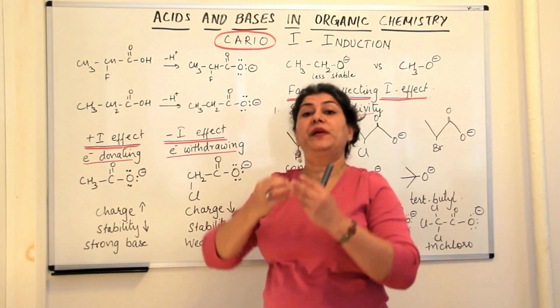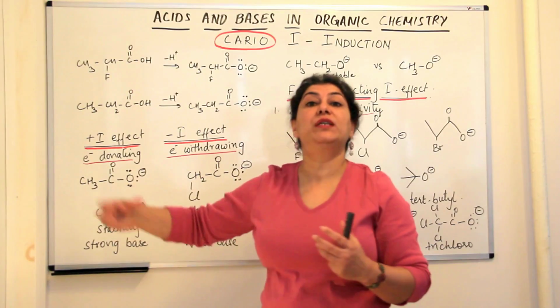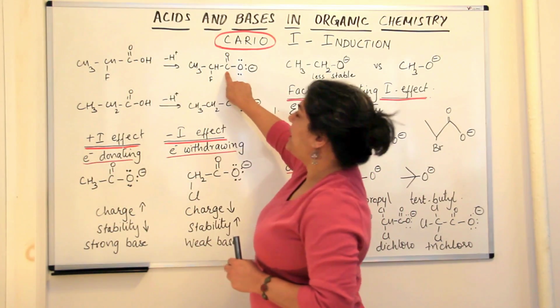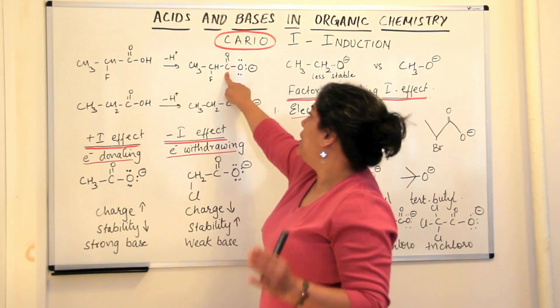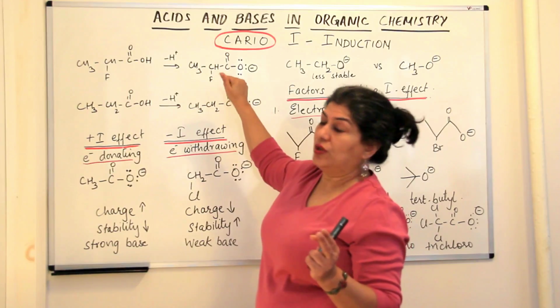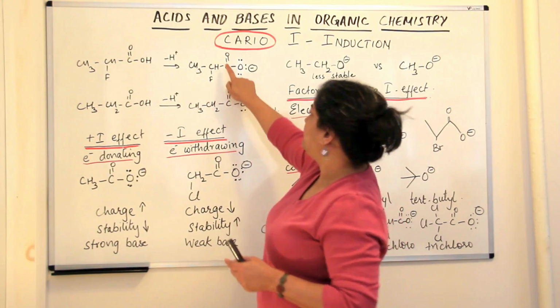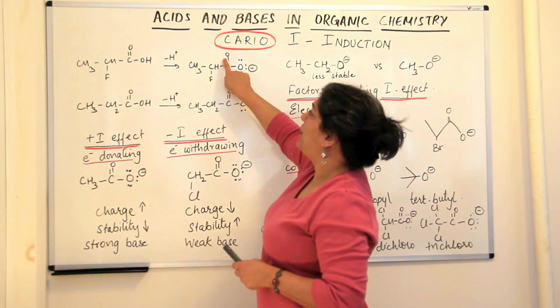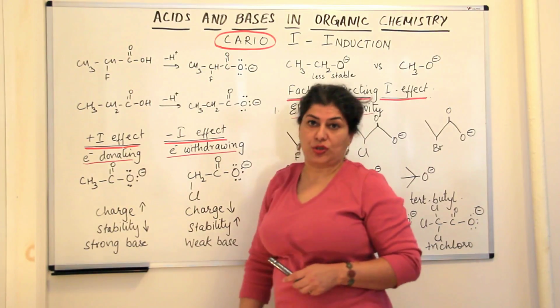There is a proper delocalization, movement of electrons. Since carbon cannot have 5 bonds, one of these bonds, the pi electrons of the second bond, break, and those 2 electrons move towards this oxygen.